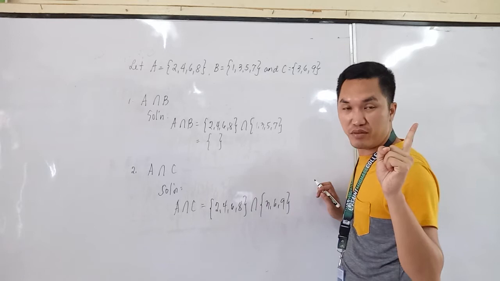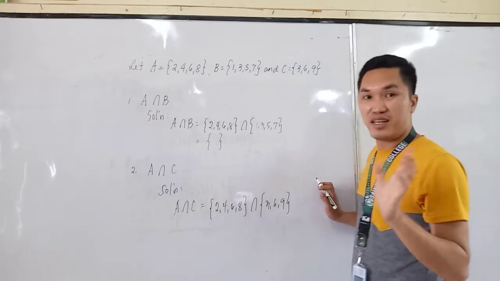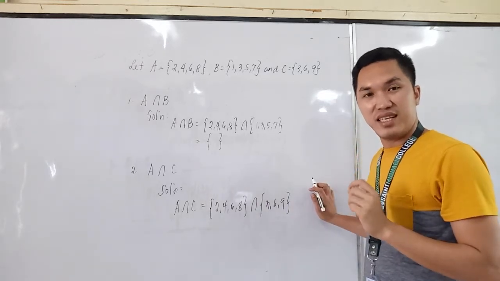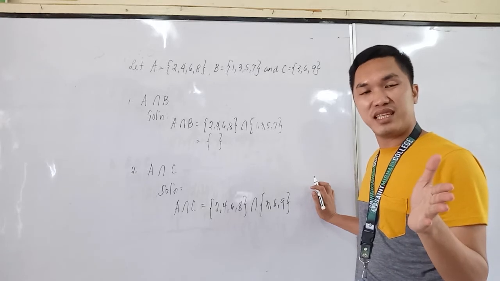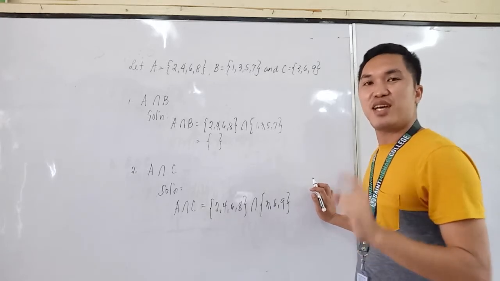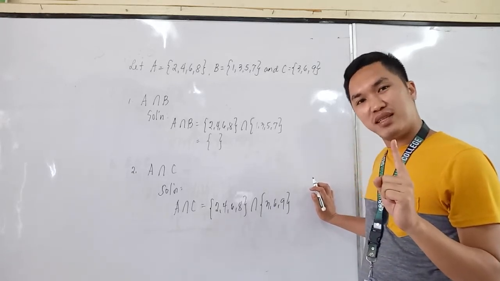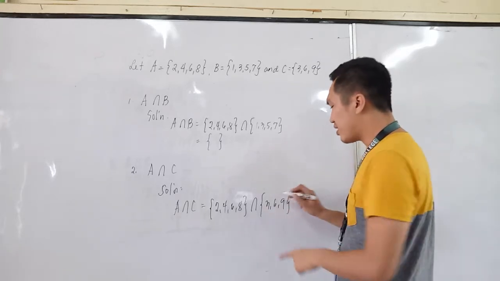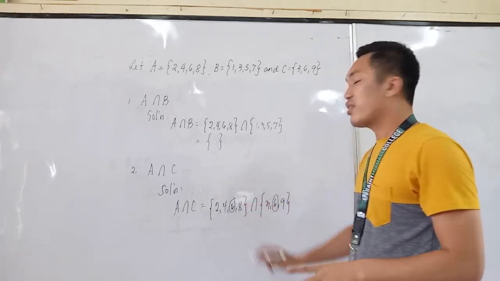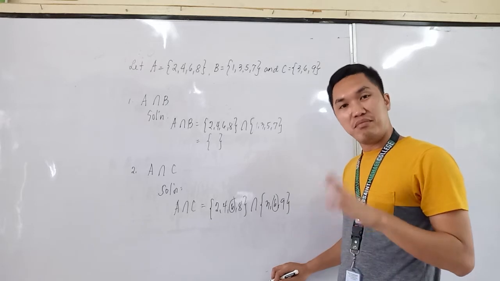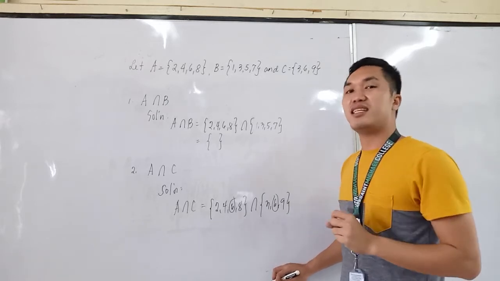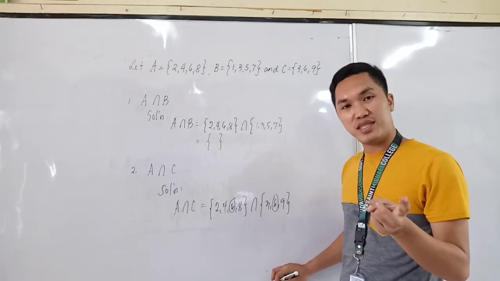Now, what have you observed? Is there a common element? Again, is there a common element? Yes. There is a common element which is the 6. Since there is a common element, meaning to say there is an intersection of the two sets.